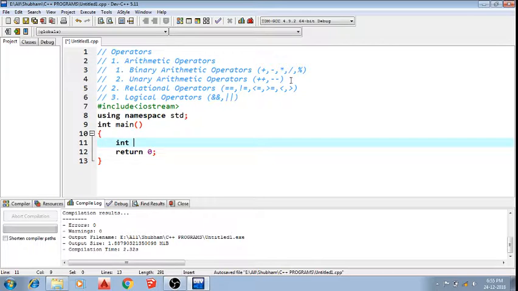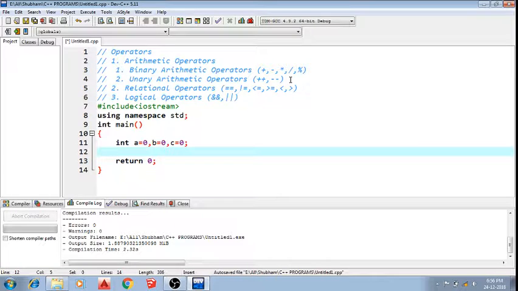Suppose we have a three input gate A, B and C. Let us consider that the value should be 0 or 1. I'm not going to put so many conditions here, just going to make it a little bit simple. Suppose A is equal to 0, B is equal to 0, and I'm going to take all the values as 0.